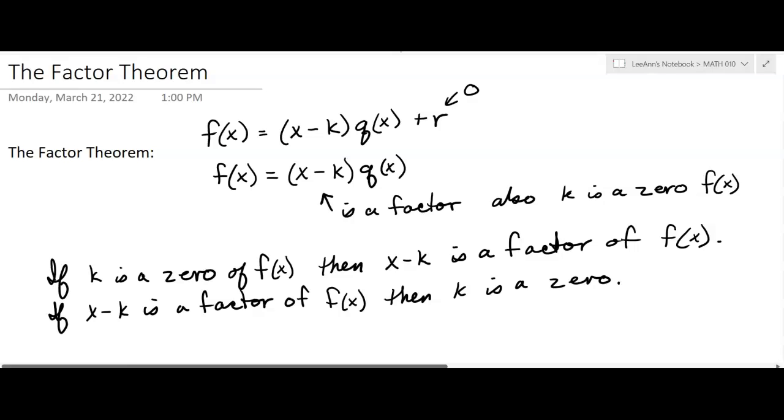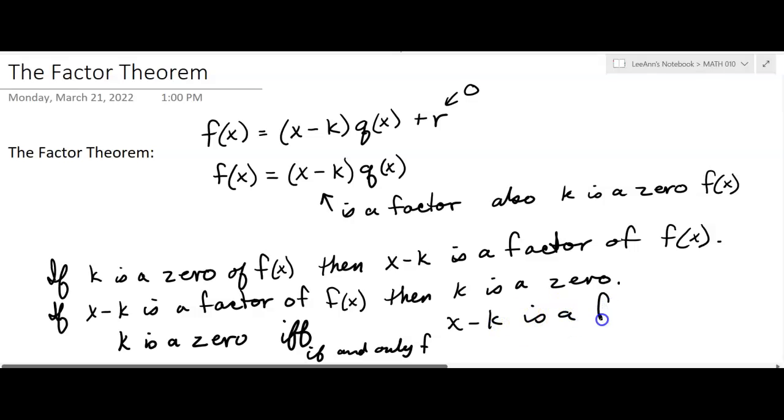We can say k is a 0 if and only if x minus k is a factor. Now, the abbreviation for if and only if is usually IFF. That's just a math abbreviation that math teachers use. And that says the two statements up above just a little bit quicker, okay?